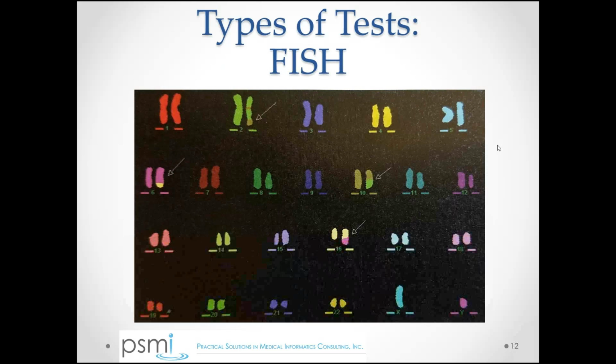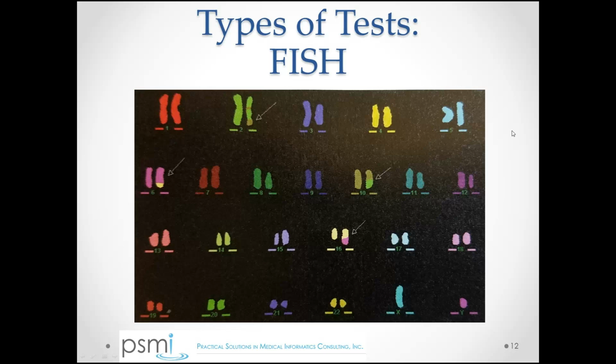Kind of tricky stuff, but I think it kind of makes sense, right? You're staining the chromosomes, and it's pretty interesting when you think about how they designed the probes. Most of these probes that they use now, you can figure out exactly what probes were used.